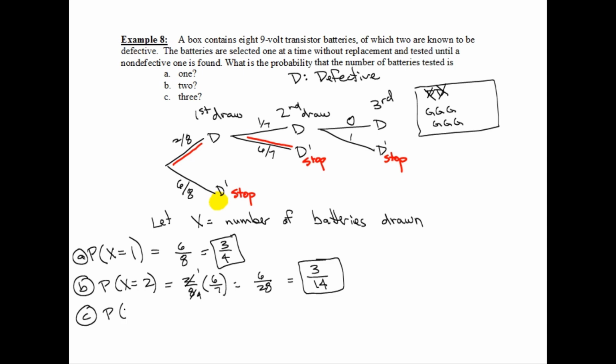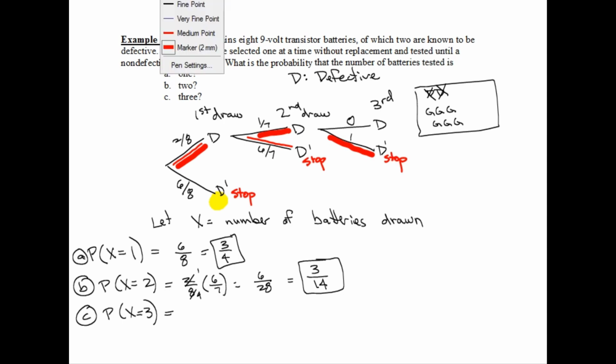Now getting 3. Okay, where are we going to be in this case? That means we must be going here, and then here, and then here, because we need to get to where we stop after the third draw.